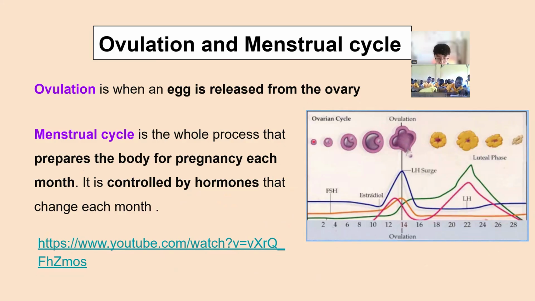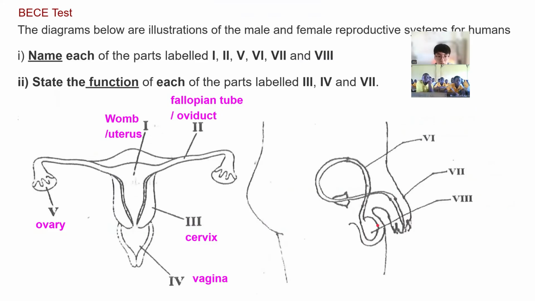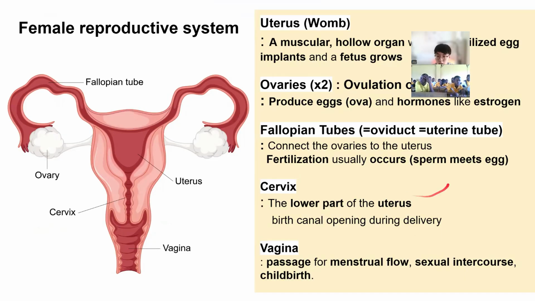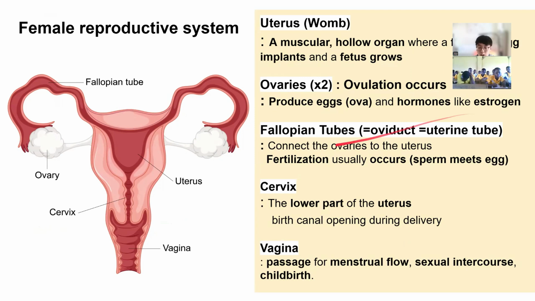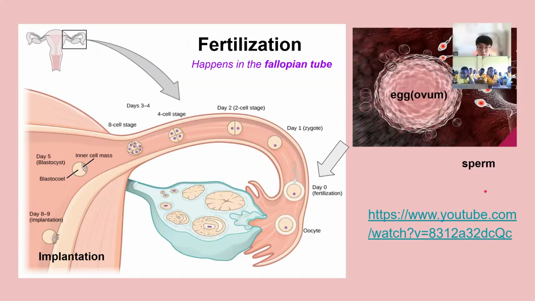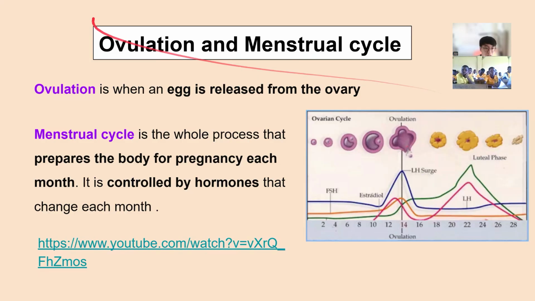So remember that there are two main hormones that control in the female. So those are estrogen and progesterone. So these two hormones control the levels, and it controls the 28-day cycle of the ovulation and the menstruation.